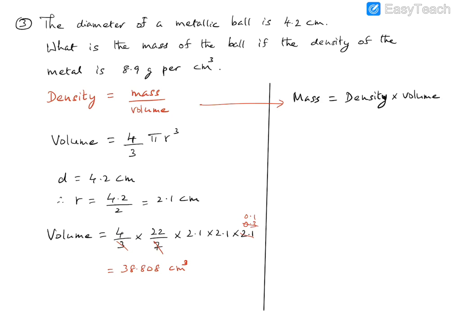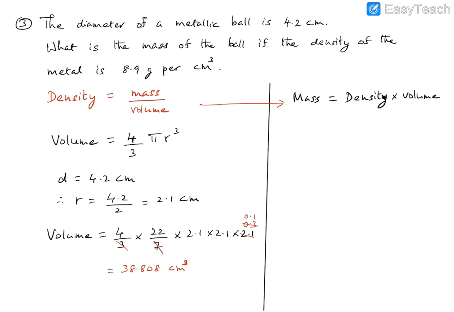I have just rearranged this expression to get the mass. So we take the volume to the other side of the equal sign, so it goes to the numerator and gets multiplied with the density. So mass of the ball is density of the metal multiplied with the volume.